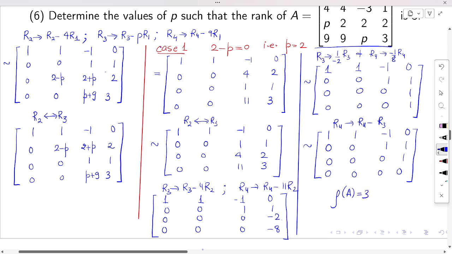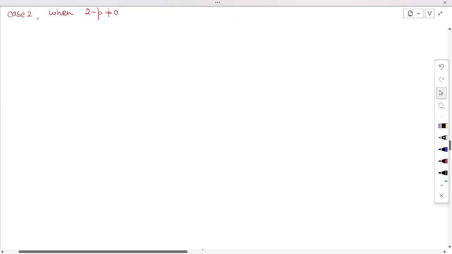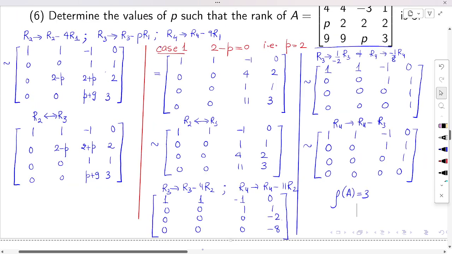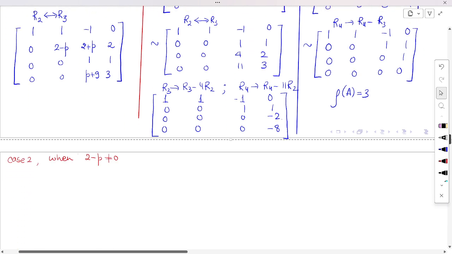So 2 is a required value, but there may be some more values of p which make the rank of this matrix 3. To investigate those values, let us check the case when 2 minus p is not equal to 0. When 2 minus p is not equal to 0, we can divide row 2 by 2 minus p.